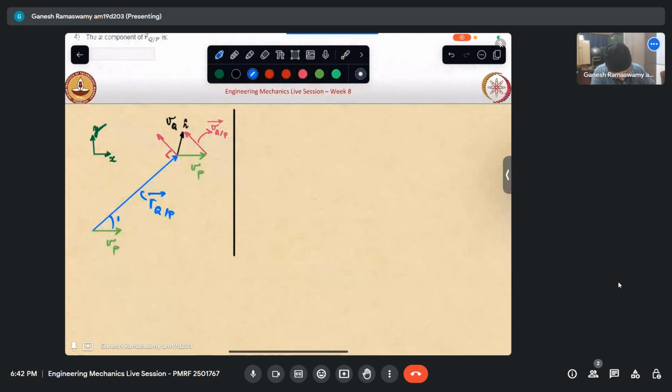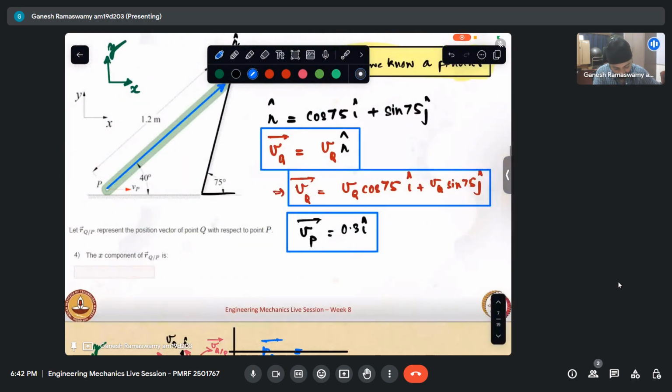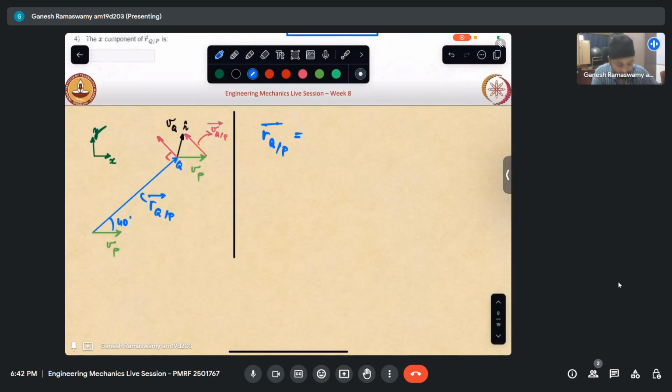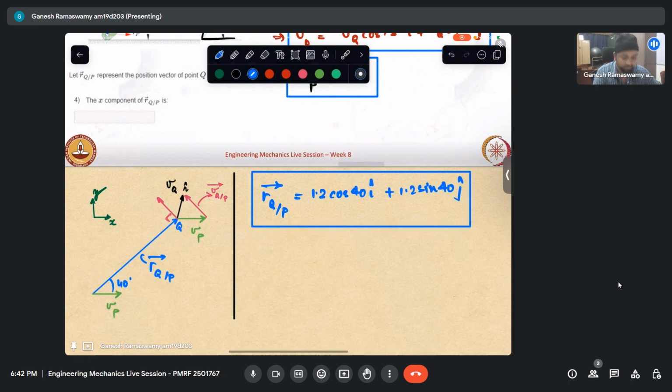So this is point Q. So rQ with respect to P is nothing but, what is this distance? 1.2. So it is nothing but 1.2 cos 40 i cap plus 1.2 sin 40 j cap. So we have this. So what will this come out to be?